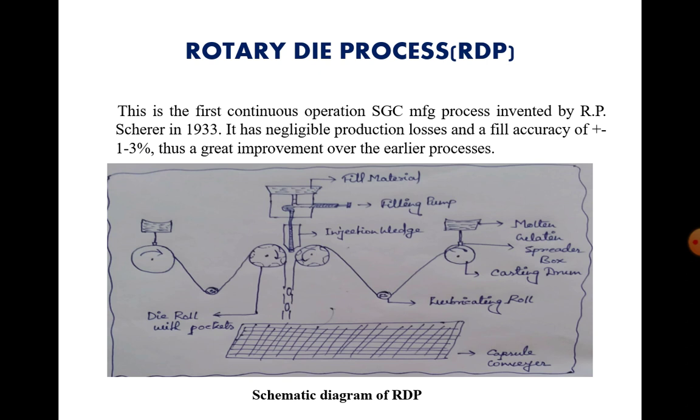At the same time, the liquid or pasty fill material is pumped into the gelatin castings using a positive displacement pump or filling pump. Thereafter, two halves of the shell filled with the material are sealed at 37 to 40 degrees centigrade temperature by suitably heating the drums from the inside. This also helps in cutting the capsule out into the trays or conveyor. Lastly, it finishes the soft gelatin capsules, which are then further processed before packaging.